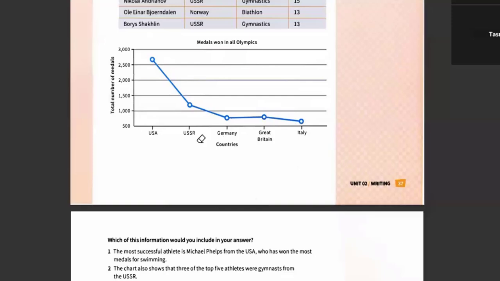And you can say that USSR and Great Britain have similar numbers of medals, or they have quite the closest number of medals, and they may be the second and third most successful countries in winning a good number of medals, or you can set it up in that way. Okay, clear. Okay, good. So very good.